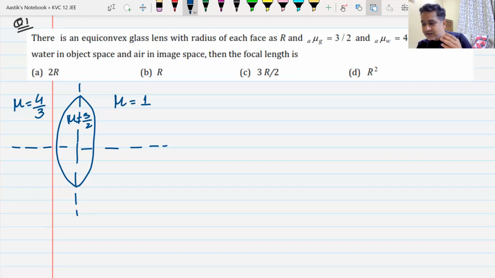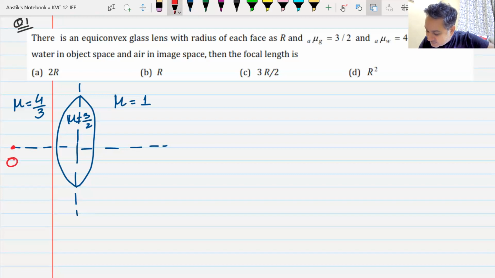How many refractions are happening? Two refractions are happening. Object side, there is water. Image side, there is air. That means my object is here.